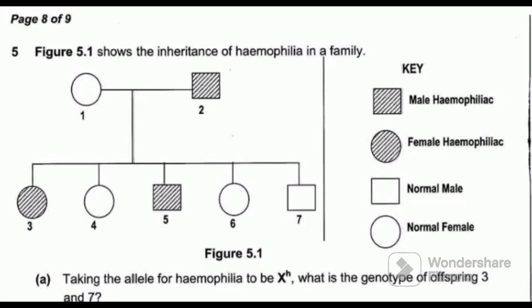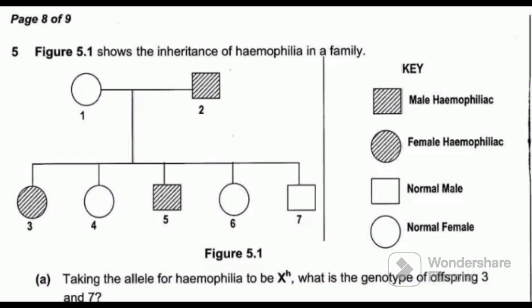a square which is shaded is describing a male who is hemophilic. A circle which is shaded is describing a female who is hemophilic. A square which is blank is showing a normal male, and a circle which is blank is symbolizing a normal female.